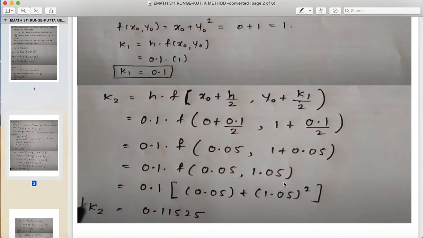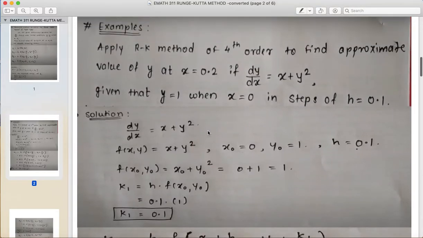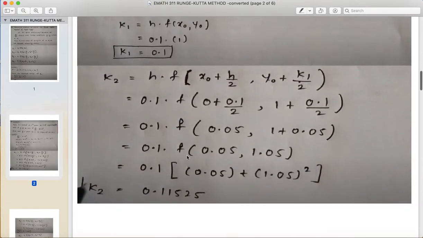Now this answer is in the form of x, y, and we have to find f of x, y, since f of x, y is equal to x plus y squared. So this is in the form, right? So we can use that value here.